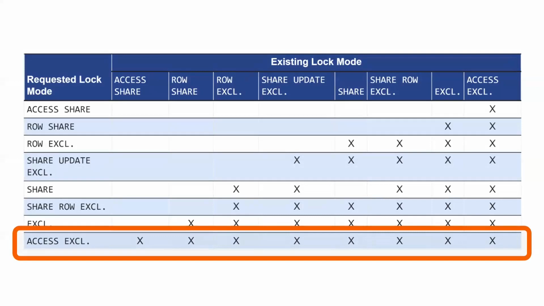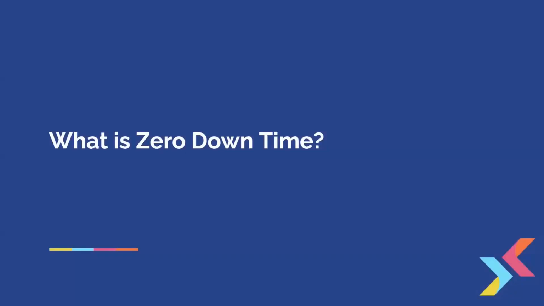Laridae wants to achieve zero downtime. However, some essential operations will have to acquire the access exclusive lock no matter what we do, even for just a few milliseconds. Therefore, we decided that Laridae would strive to keep the amount of access exclusive lock time to a minimum, but it is never possible to be completely zero. Since a truly zero downtime migration is never possible, we would have to formally define what we consider a "zero downtime."